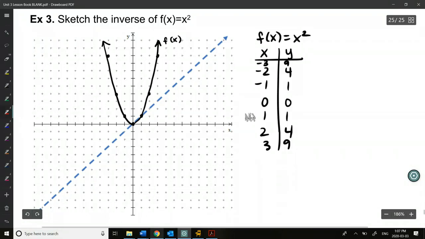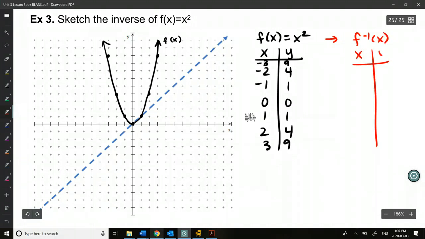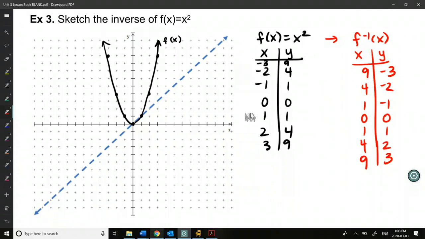And for the inverse function, I don't even have to do any calculations or anything. We're just going to take them and swap. So f inverse of x: x's become y's, y's become x's, just like what we do when we do the algebraic method here. Okay, so swap your coordinates, and then we're going to graph each of these coordinates here.